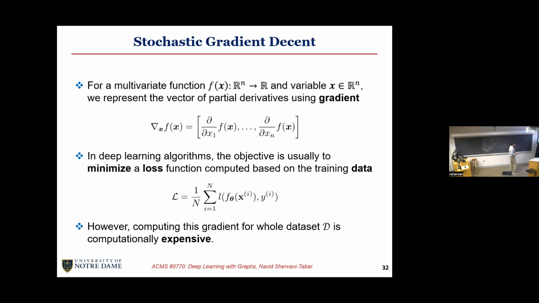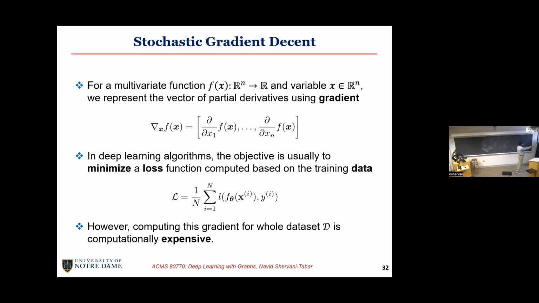Now we have a training data set. This training data set maybe includes hundreds of thousands of training data. If we want to directly take this data, compute the loss function and then find a gradient, it is going to be a large number, hundreds of thousands. It is computationally expensive, depending on the size of your data as well. So we represent our loss function using this equation.